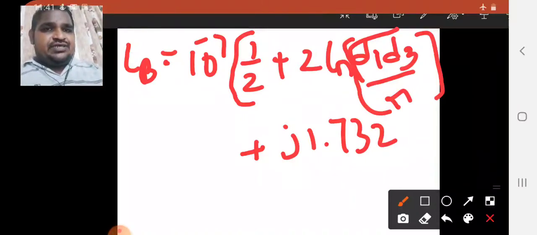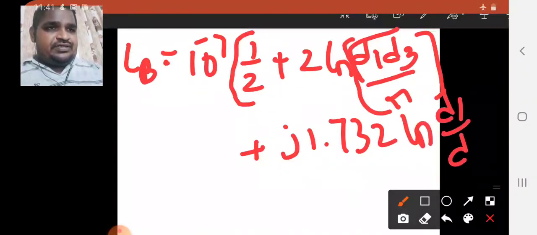To correct it, the j term in LA is 1.732 ln d1 by d3.